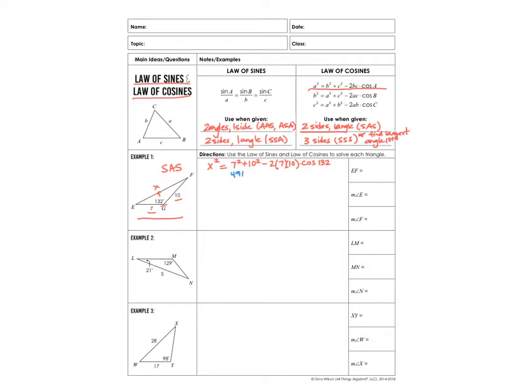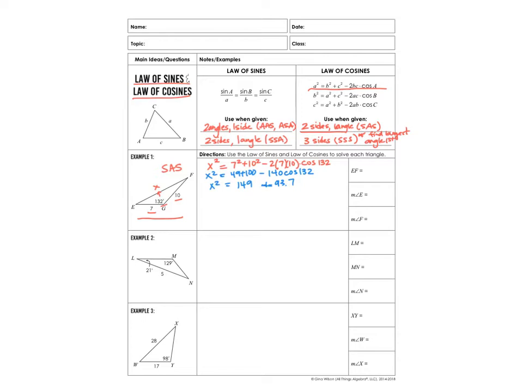That's 49 plus 100 minus 140 cosine 132. I'm going to put that in my calculator. 140 times cosine of 132 is negative 93.7. Those two negatives make a positive.